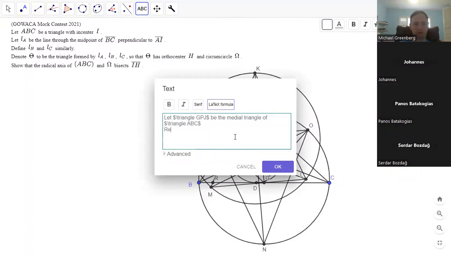And then redefine H to be the incenter of GPJ.